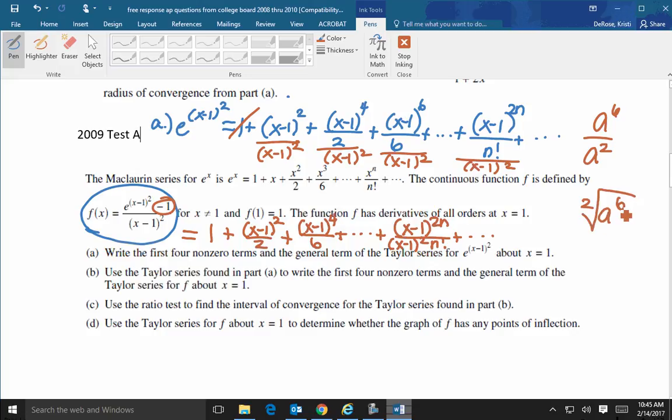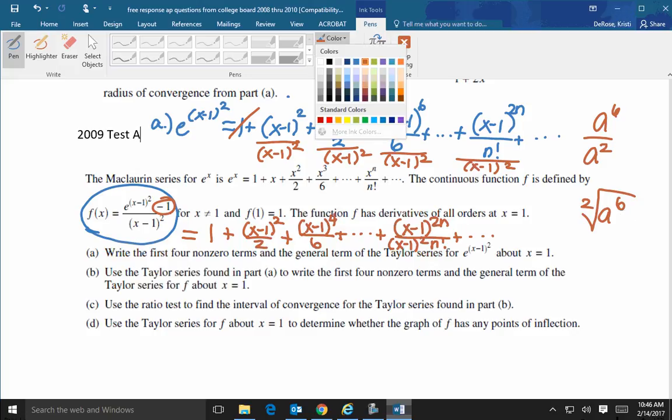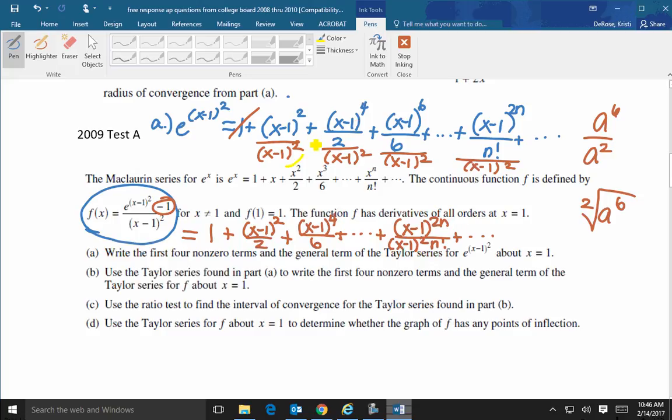Then you divide. So again, not too bad. Well, this one actually came from this right here. So that's where that one came from now. So this one went away from this one.